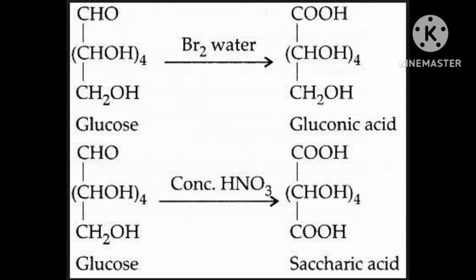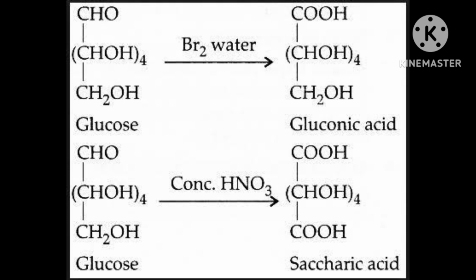If glucose is rotating the plane of polarized light to the left, then it is given a negative sign. Now come to the letter D. Here you have to understand the meaning of D or L, capital D and capital L. I told you positive and negative sign.